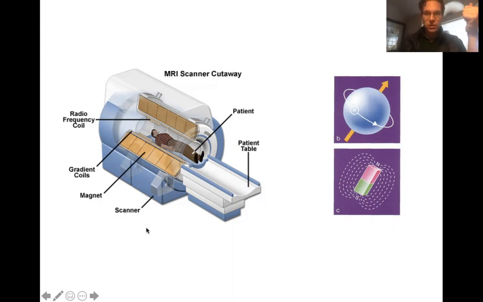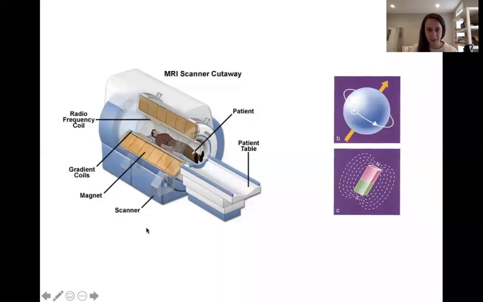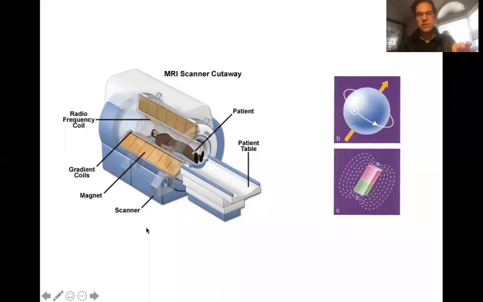Is that true, or can you see it? Give me a thumbs up if you can see my shared screen. You can see the MRI scanner cutaway, but sometimes when you're clicking something, there's a white box that covers up part of the slide. But right now, at least, it's okay. For some reason, it says that sharing is paused on my screen. Okay, good. Glad that's working.